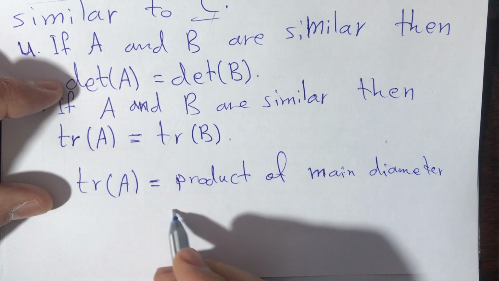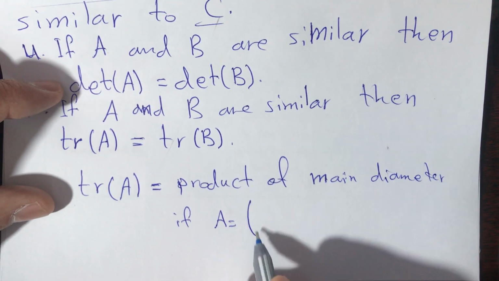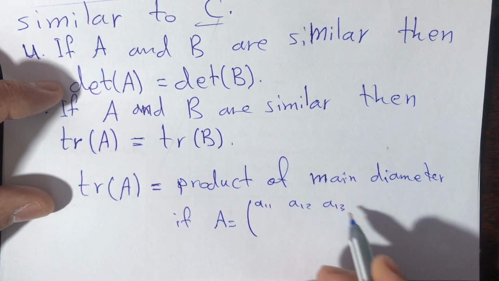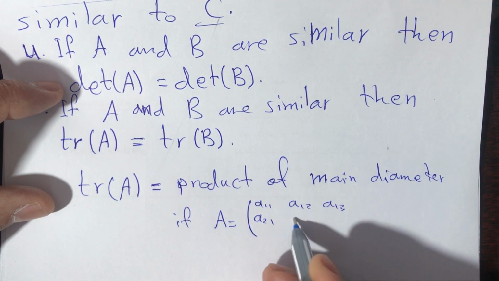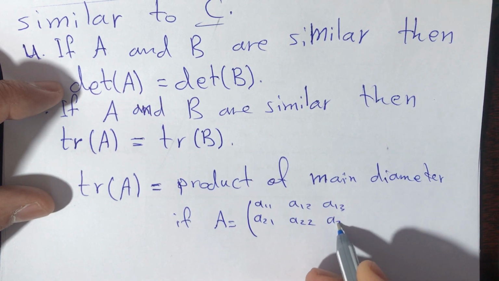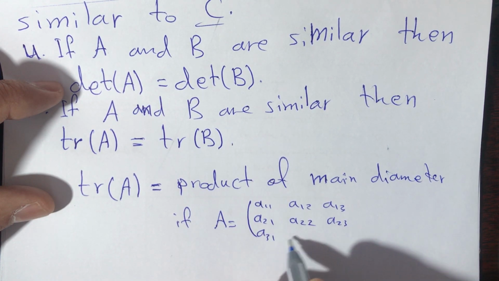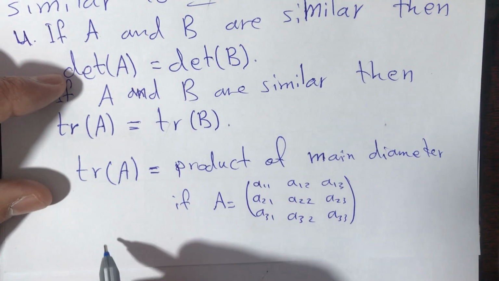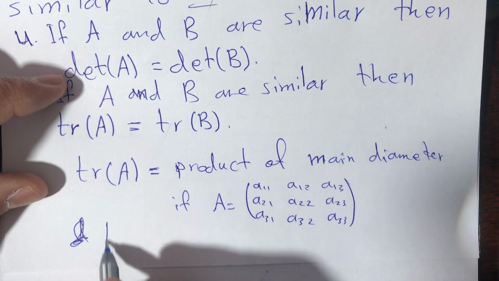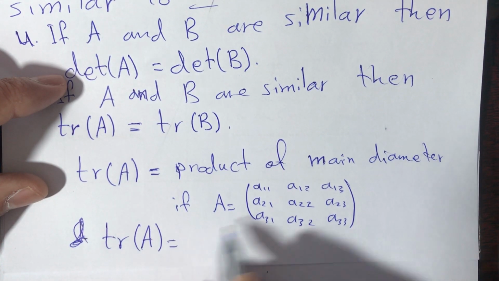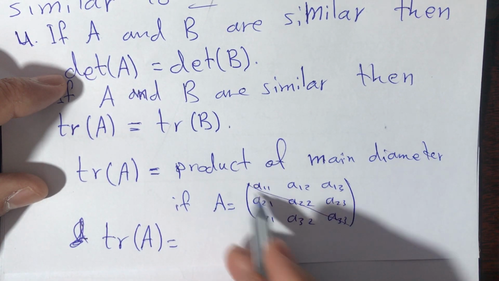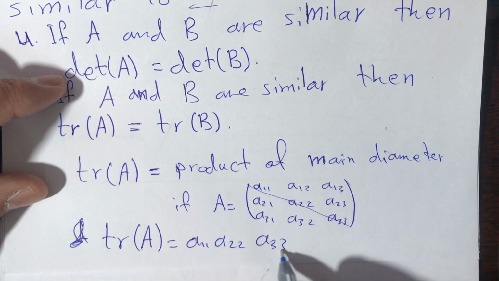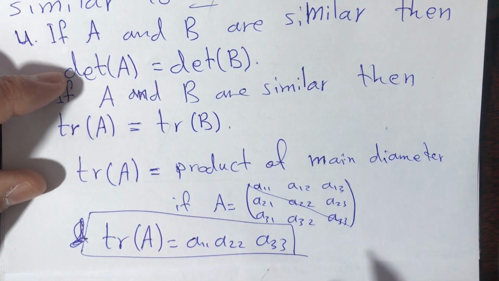That means if A is equal to A11, A12, A13, A21, A22, A23, A31, A32, A33, then trace A is equal to A11 plus A22 plus A33.